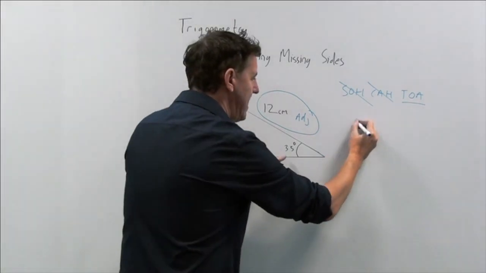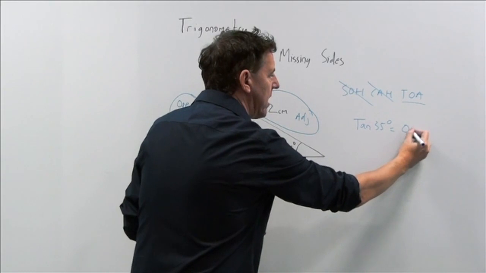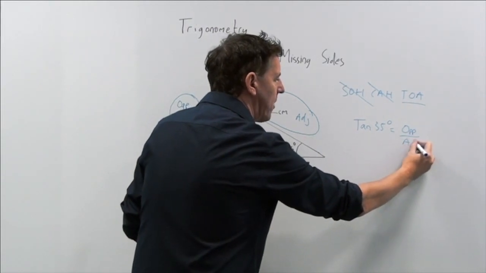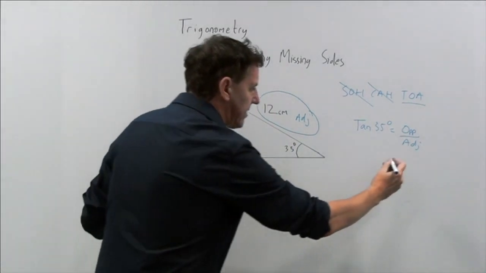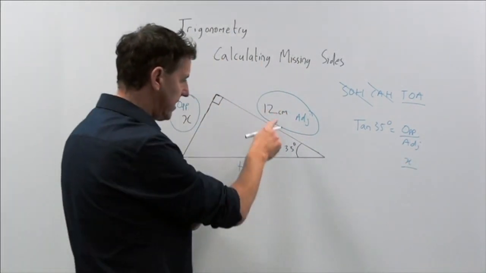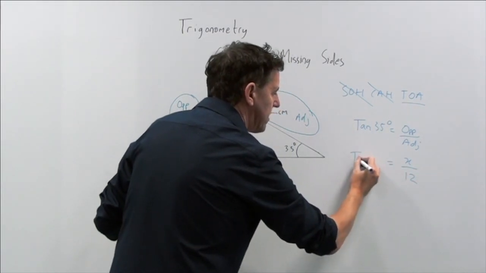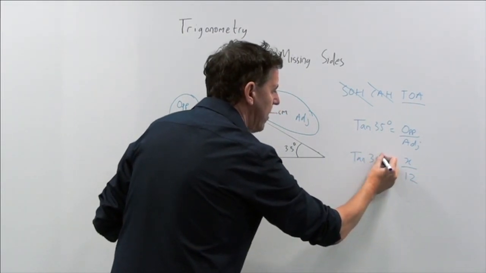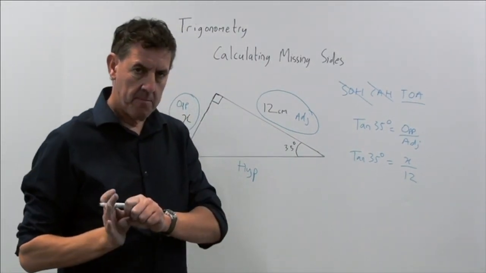So what have we got? We've got the tan of 35 degrees is equal to the ratio opposite over adjacent. Opposite side is x. Adjacent side is 12 centimetres. How do I now get rid of divide by 12?